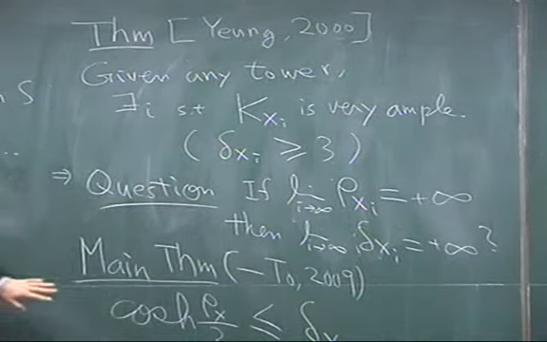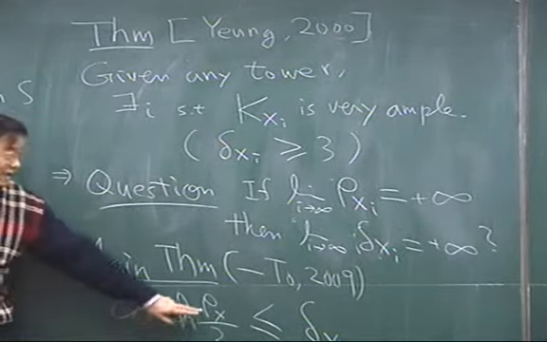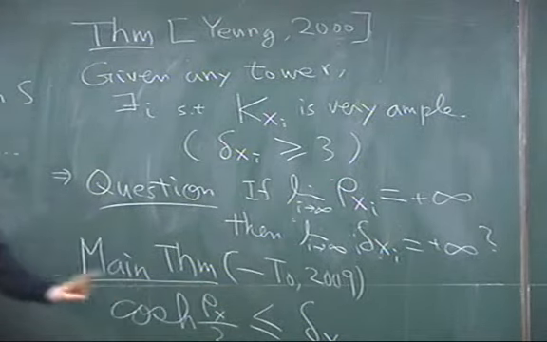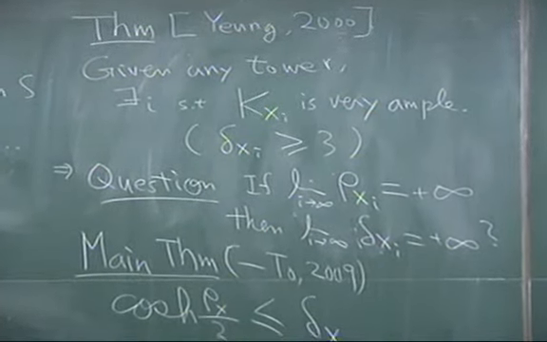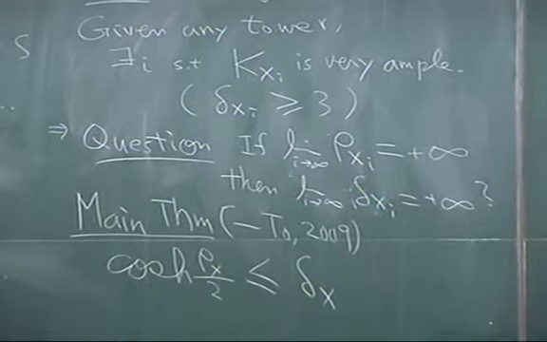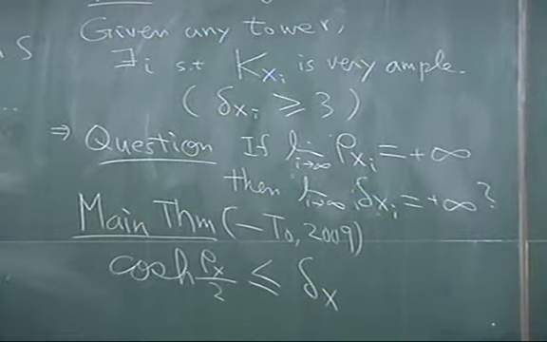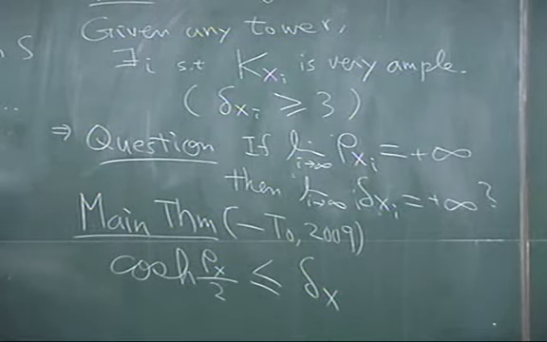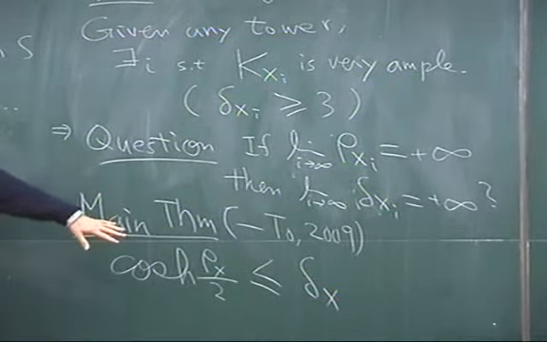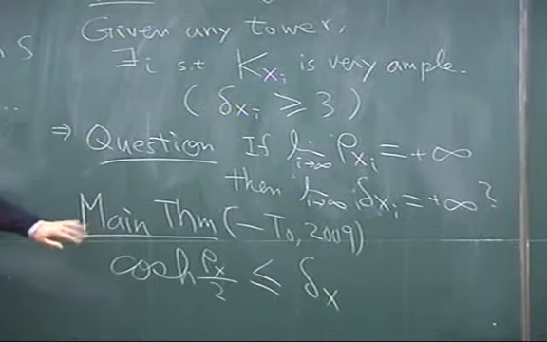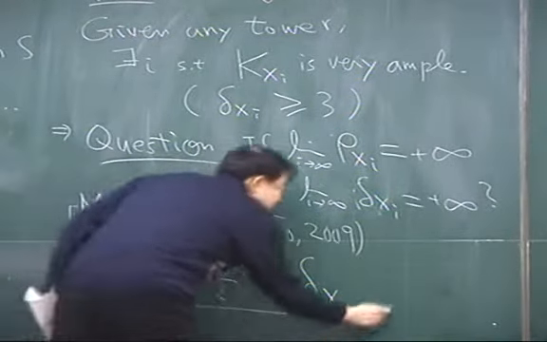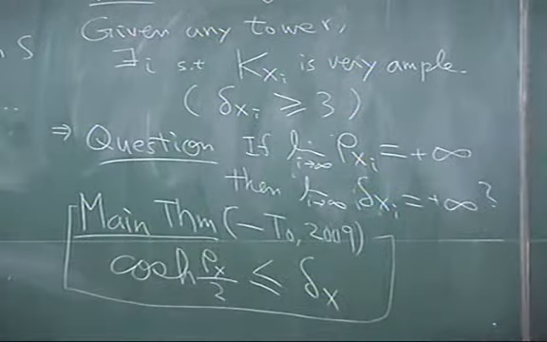The hyperbolic cosine of half of the injectivity radius is bounded by the gonality. The interesting thing is it's independent of genus. So the Riemann surfaces of a fixed gonality, of all genus, have a bounded injectivity radius. That's what it says. Okay, so this is the main result that I'd like to discuss today.